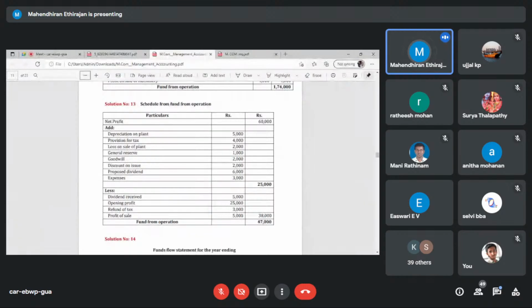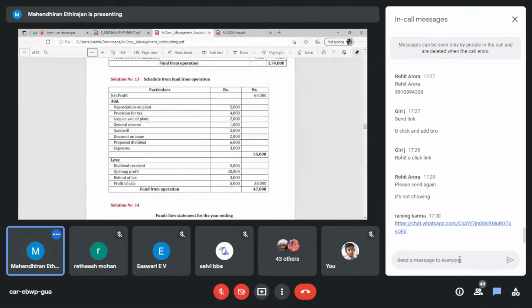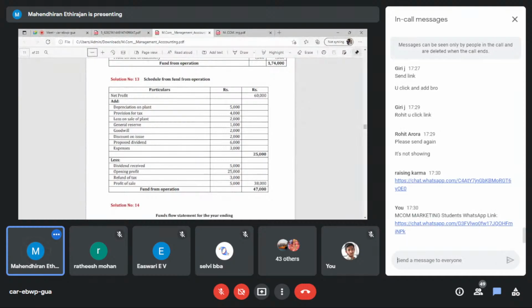So 35,000. 25, 35, 60,000, and 13,000 you have subtracted, you get 47. Otherwise, you can prepare it by opening balance 25,000 to closing balance 60,000, add all the 25,000 on the debit side, and 13,000 on the credit side. The difference will come on the credit side. How much? 47,000. This is called funds from operation. So two methods you have to calculate; both methods give the answer.